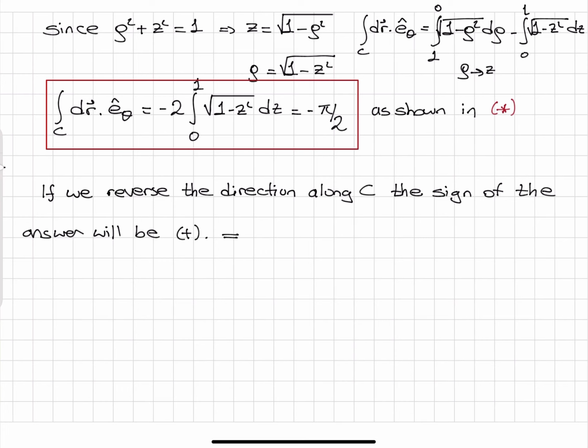So that means we're going to have plus pi over 2 as our answer.